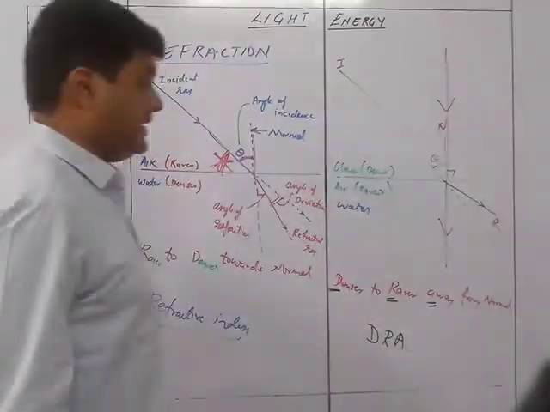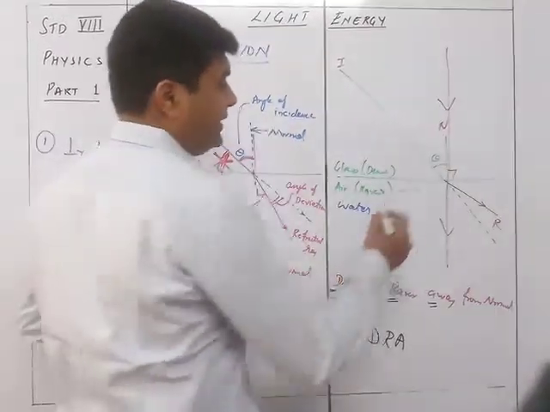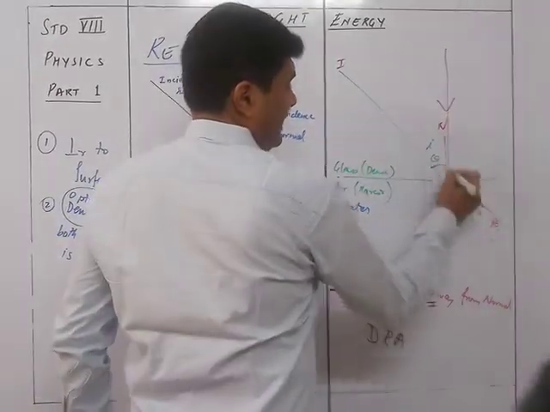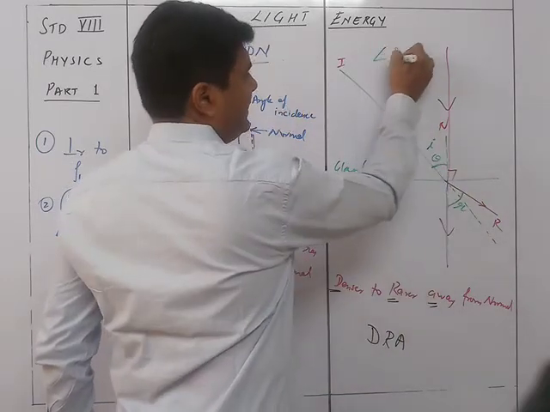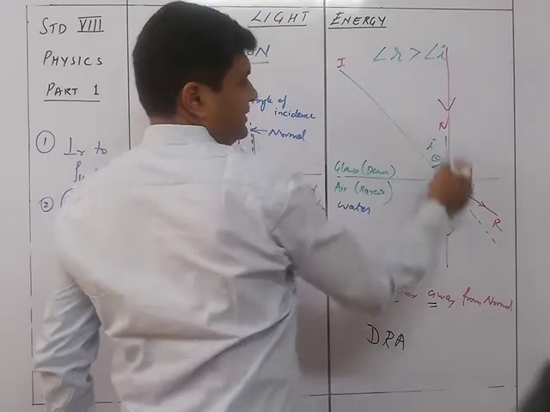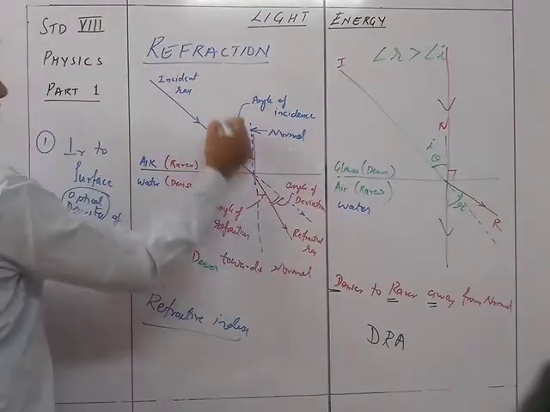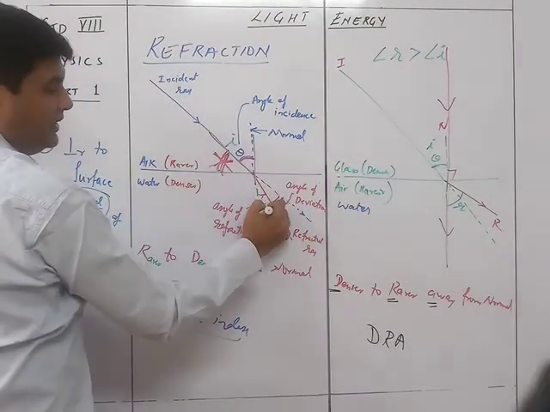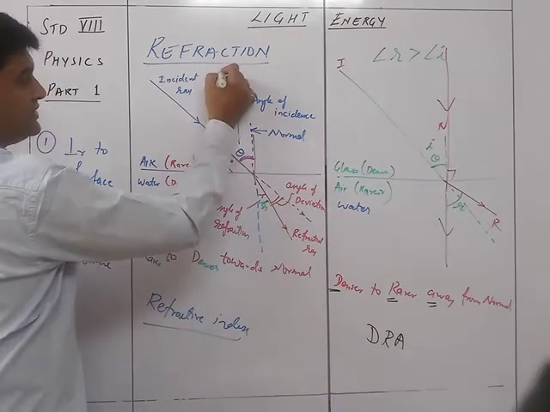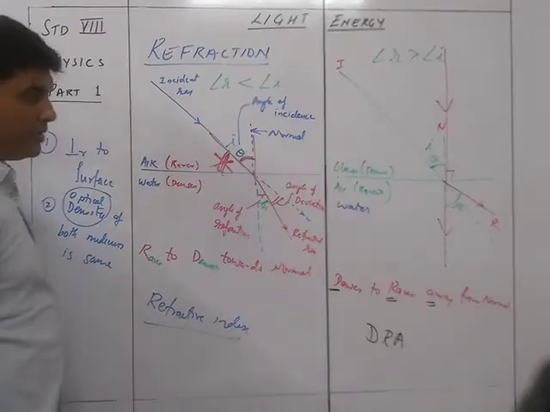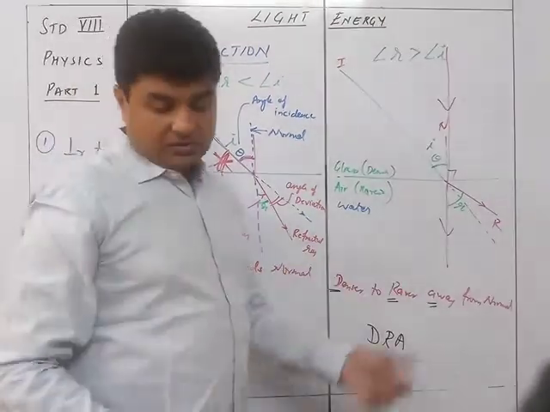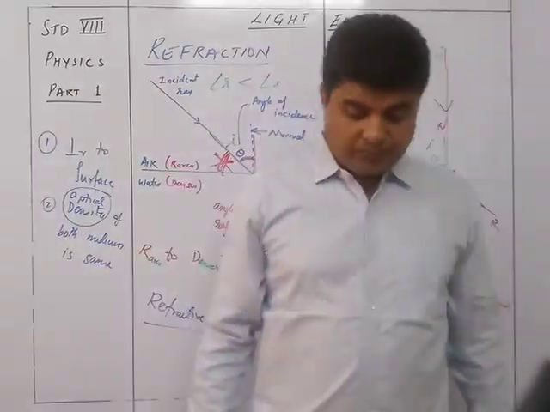Angle R is greater than angle I. Here you can see that this is angle I and this is angle R. So angle R is greater than angle I in this case. Whereas over here, this is angle I and this is angle R, so angle R is less than angle I. So this is the explanation for this part.